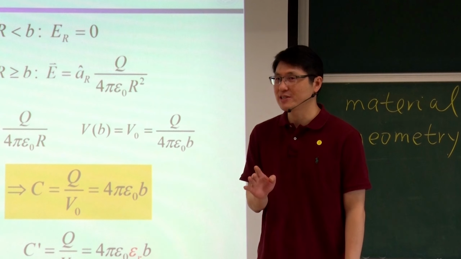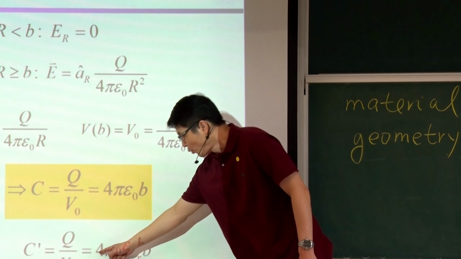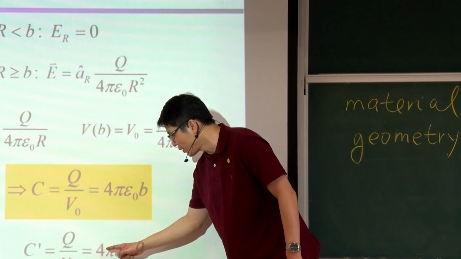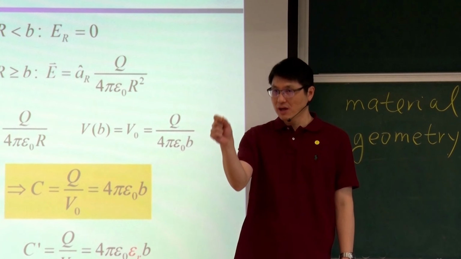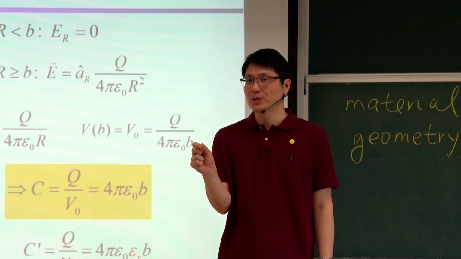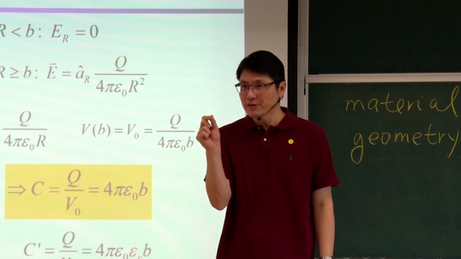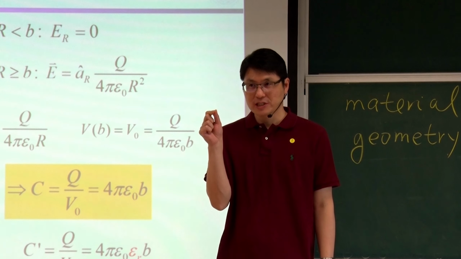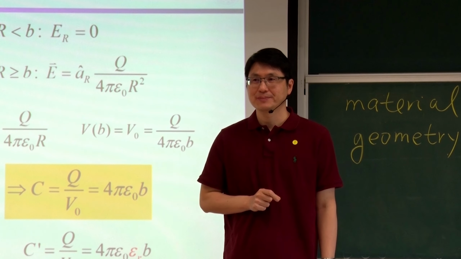To your surprise, the fact that it is 4 pi b is actually telling you that you have a capacitor in the form of a sphere.